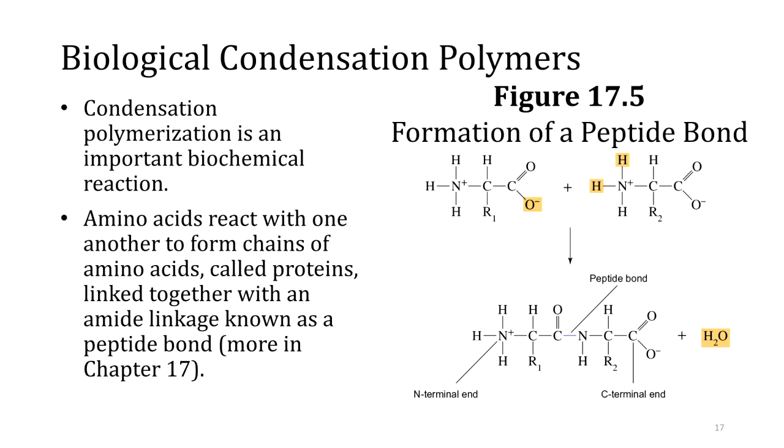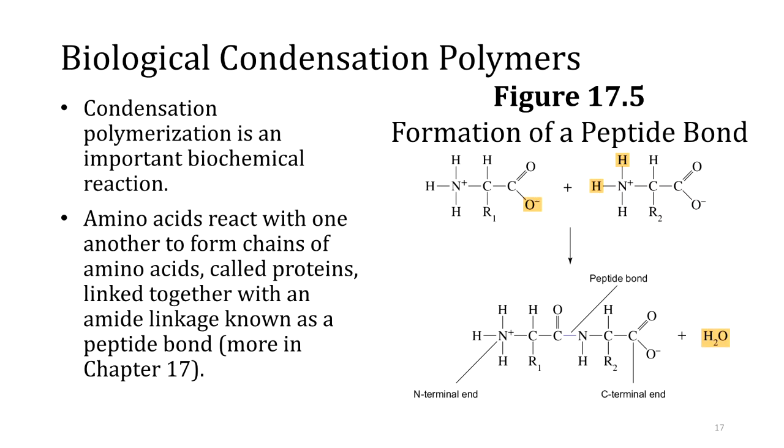An amino acid has a carboxylic acid end and an amine end. But in water, because of acid-base properties, typically the carboxylic acid end is deprotonated and the amine end is protonated. This is what's called a zwitterion. We won't look at this reaction in biochemical detail in this course. That's left for biological chemistry.